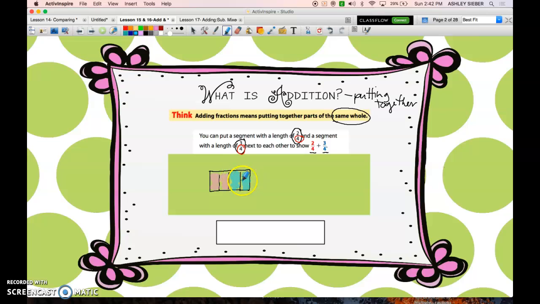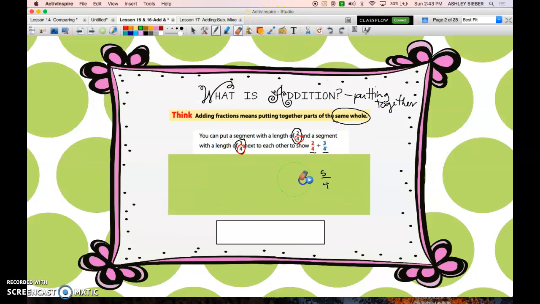After 2/4, I only have room for 2 more fourths, so I need another whole, again broken up into fourths. I cannot change my denominator, and I'm going to shade 1 more part. You can see the pink shaded part shows 2/4. The blue shaded part shows 3/4, and if I count these fourths, 1/4, 2/4, 3/4, 4/4, 5/4. So 2/4 plus 3/4 is 5/4.